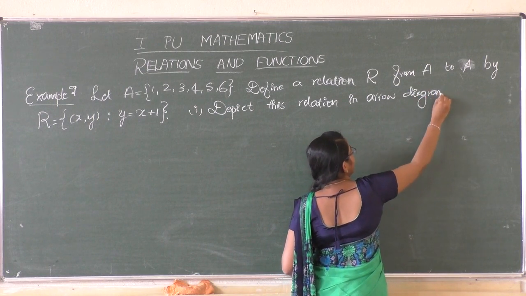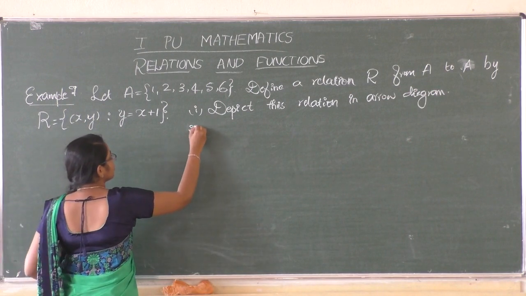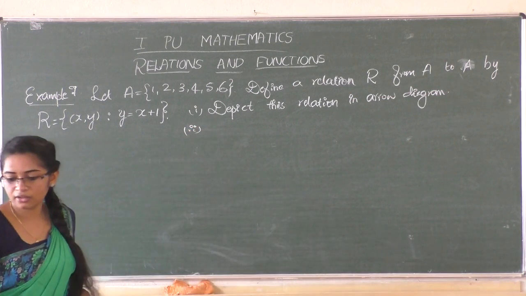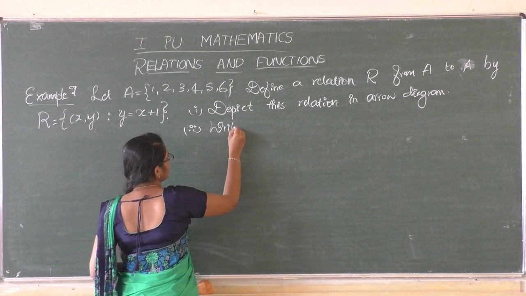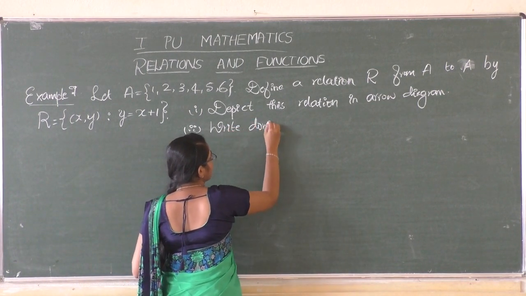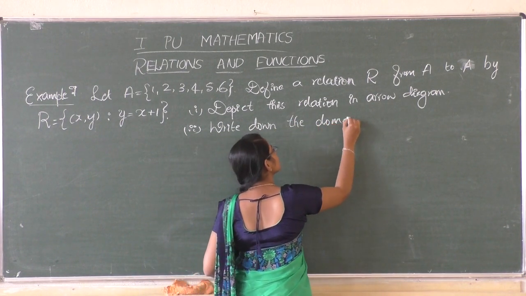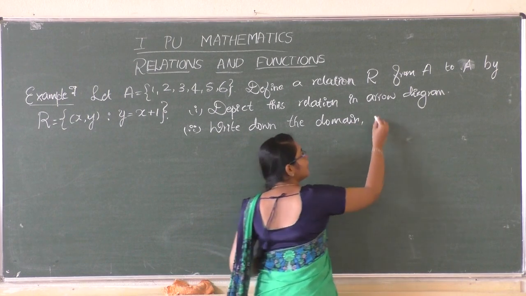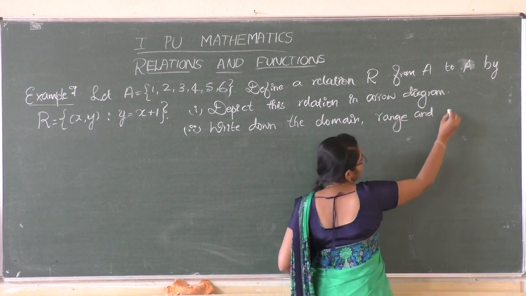Okay, then one more question is there, that is to write down the domain, range and codomain.